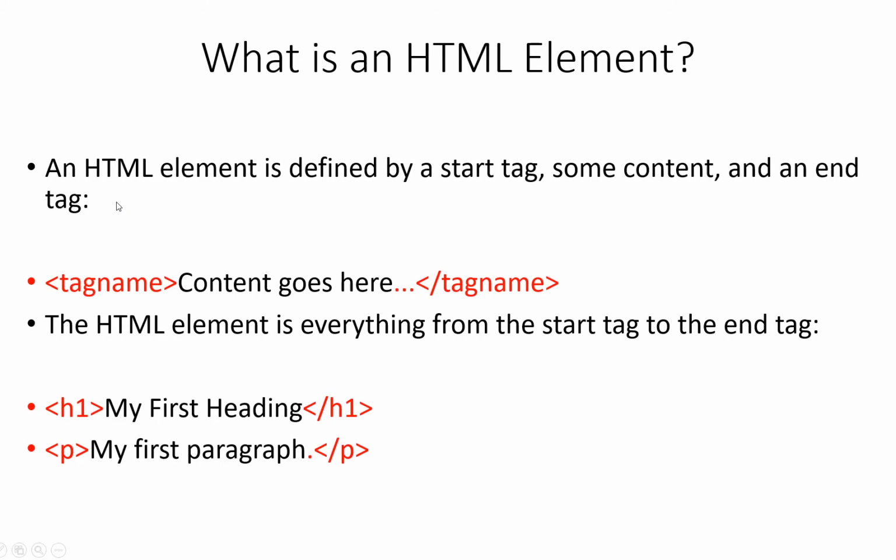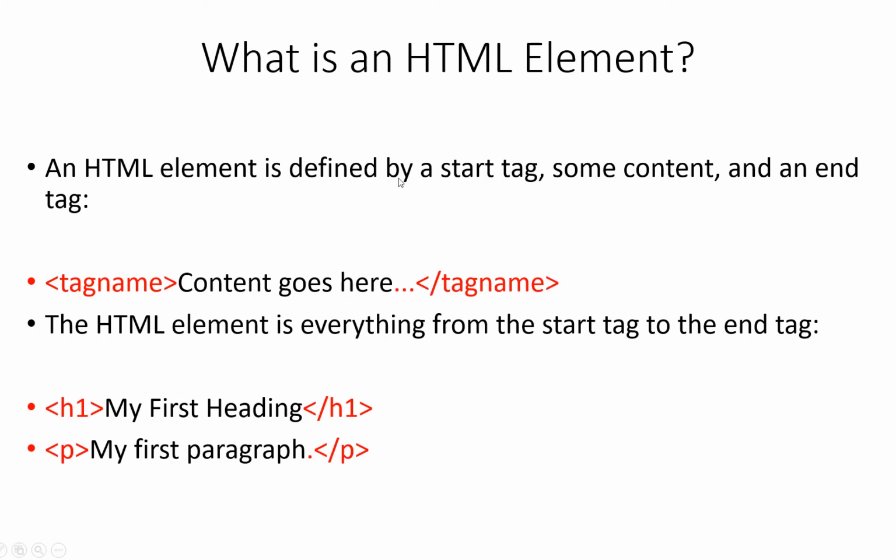So what is an HTML element? An HTML element is defined by a start tag, some contents, and an end tag. So this is how an HTML element looks. An HTML element has a start tag and an end tag.